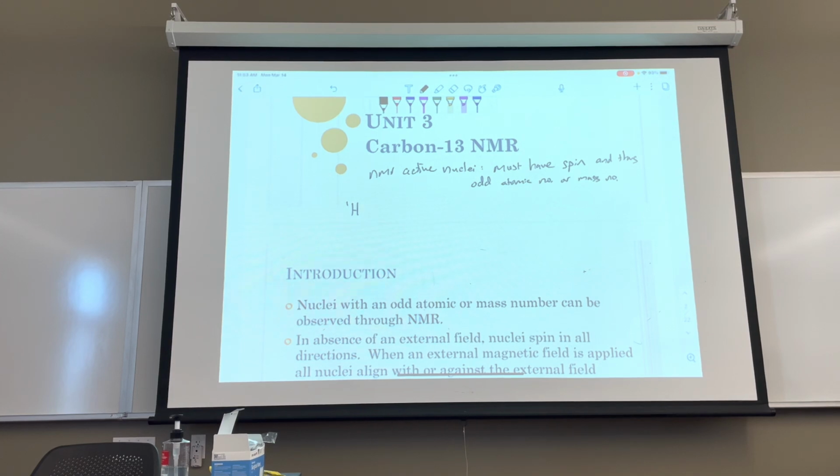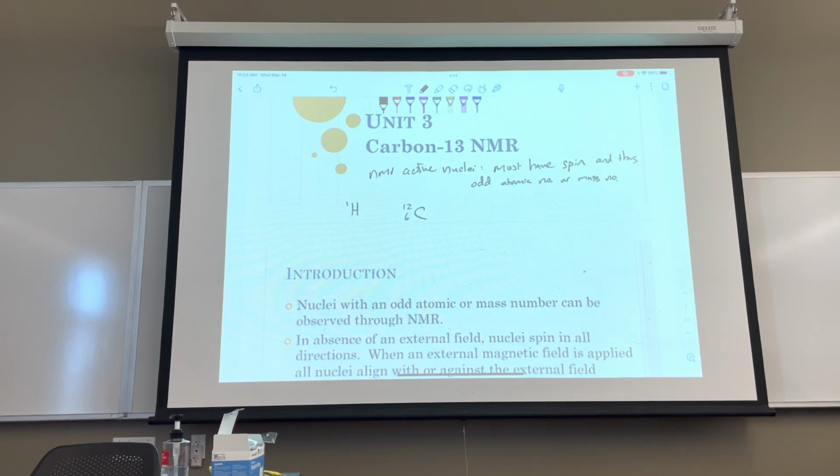Okay? Compare that to carbon. So carbon exists in a few different isotopes, the most abundant of which is carbon-12. So it has an atomic number of 6, a mass number of 12. What's the problem there? Yeah, both of them are even.